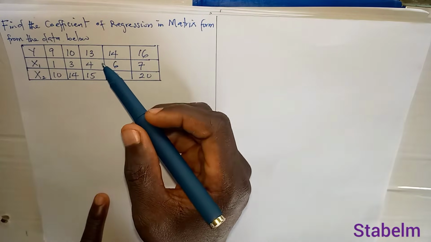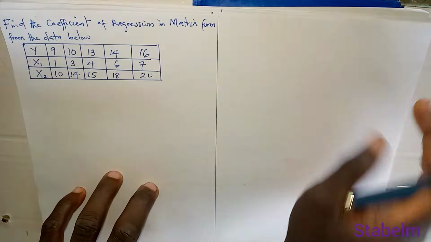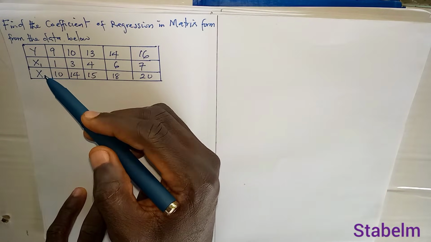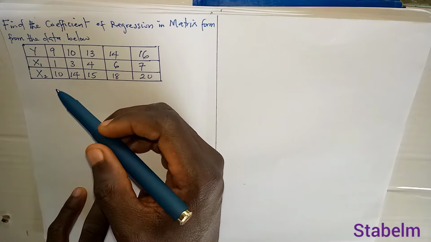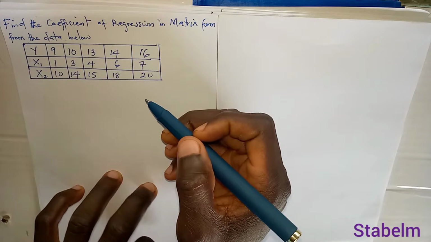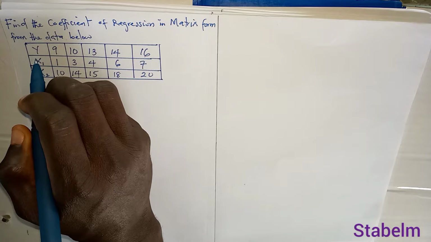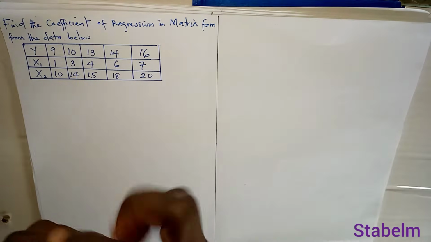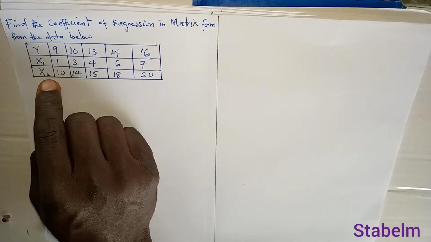If you look at the data, we have the y column for the dependent variable y, this is the independent variable x1 column, and this is the independent variable x2 column. So in this table we have one dependent variable, which is y, and two independent variables, x1 and x2.